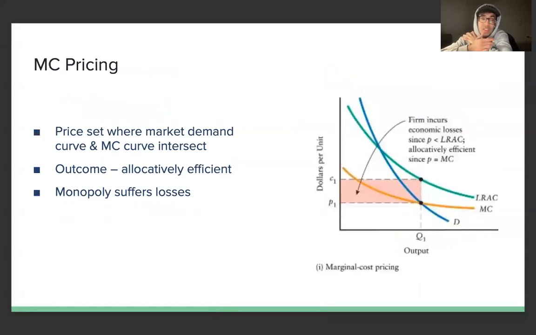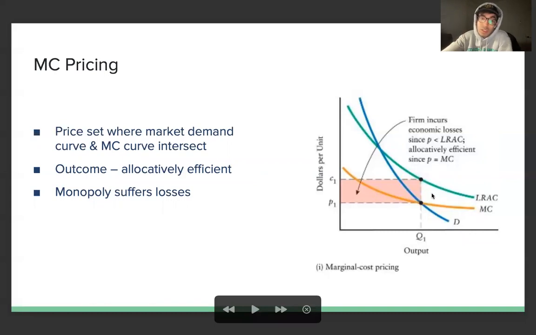The concept of marginal cost pricing is basically saying we set the price where the market demand curve and marginal cost curve intersect. Here's the demand curve, here's the marginal cost curve, and if we set the price to here, the outcome is allocatively efficient because price is equal to marginal cost.